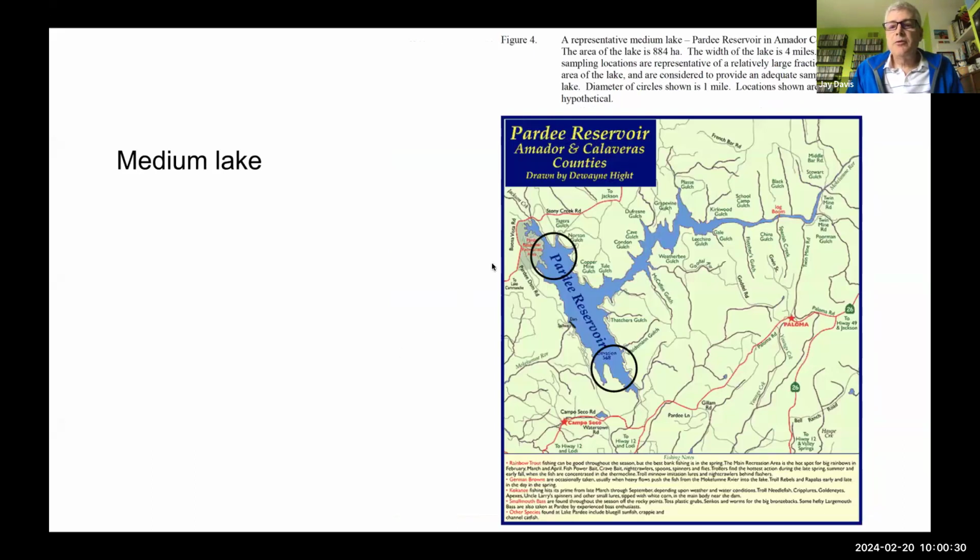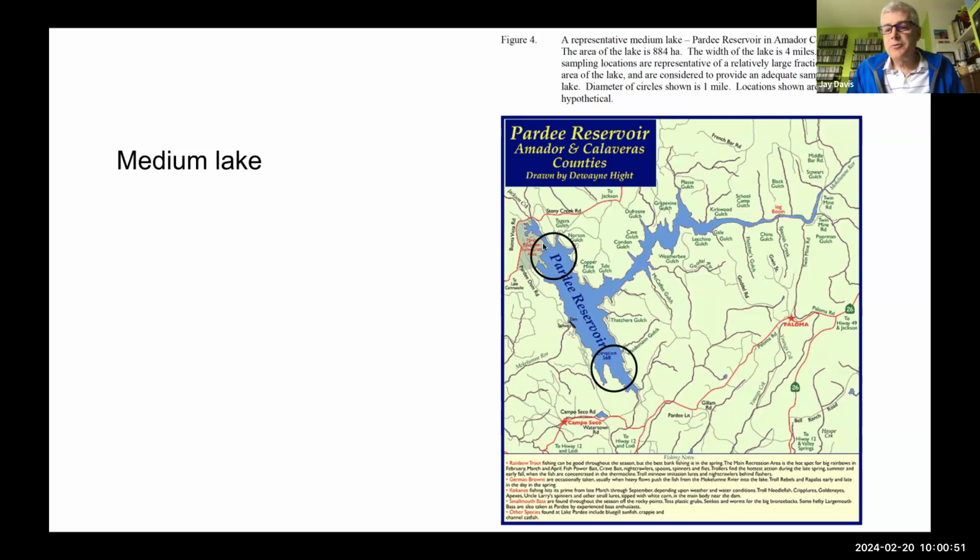For medium lakes, this one is 884 hectares, Pardee Reservoir. The lake's 4 miles long. So for a lake of this size, we do 2 locations, and there can be differences in concentrations over this distance.